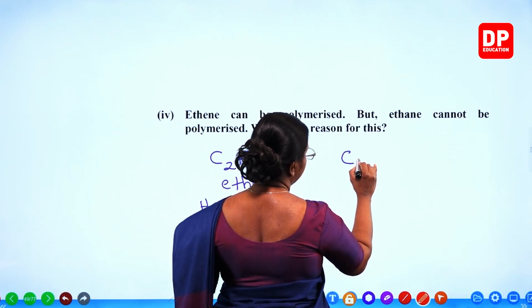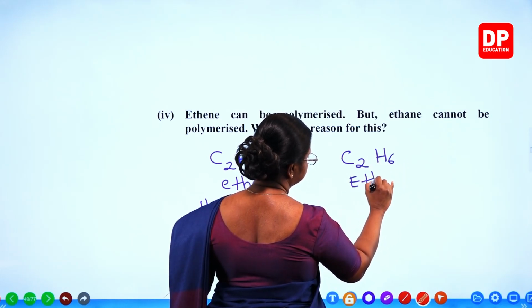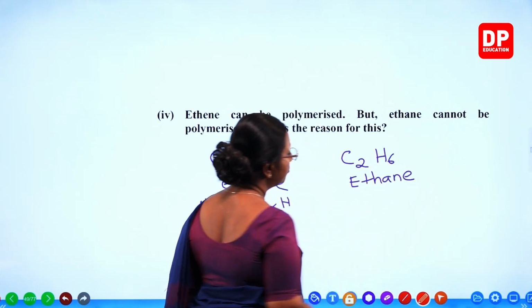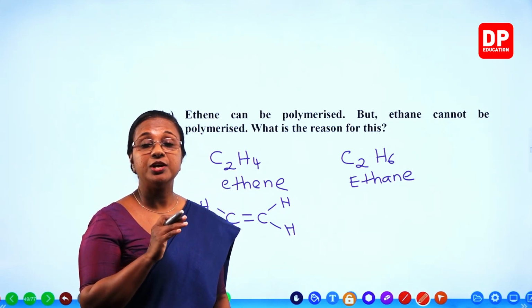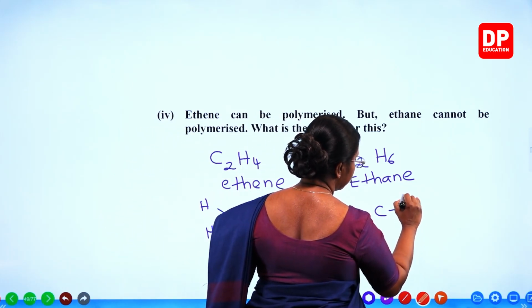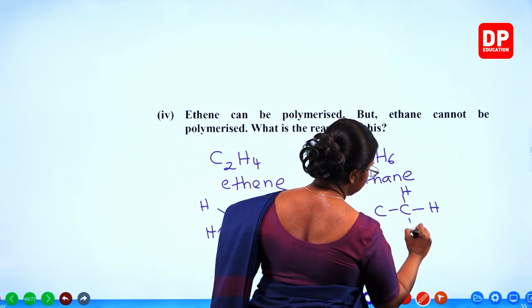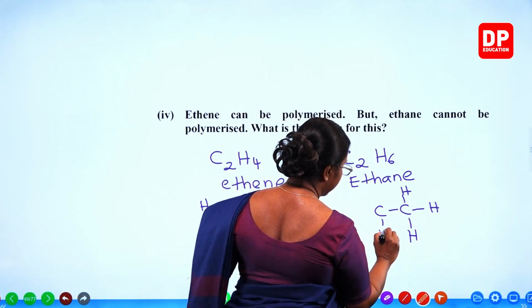Whereas ethane is C2H6, ethane. Ethane, you know, they are alkanes. Alkanes are saturated molecules. They only have single bonds. So if you look at the structure, it is like this.